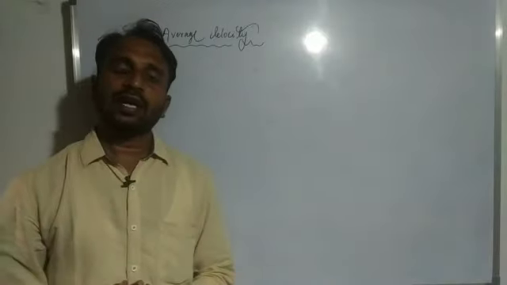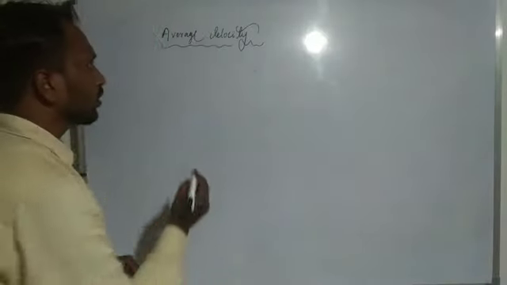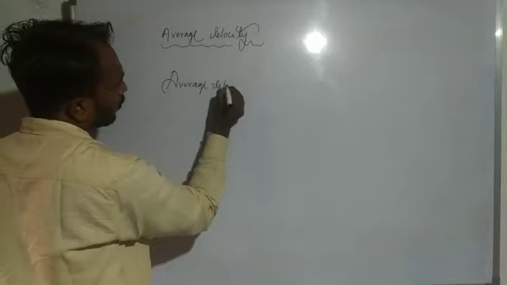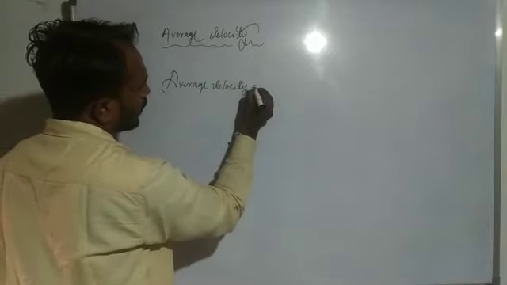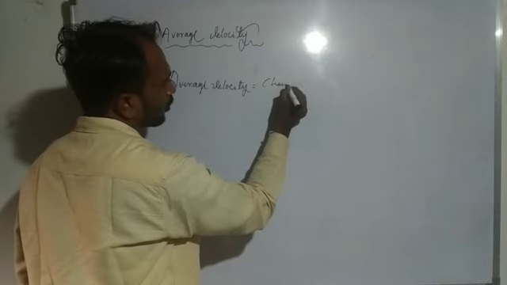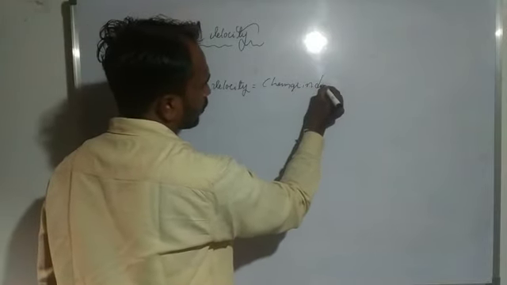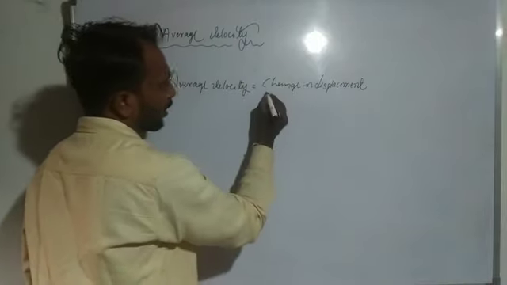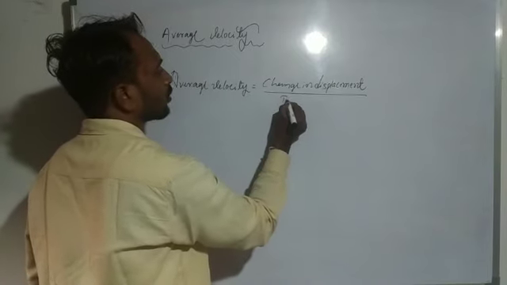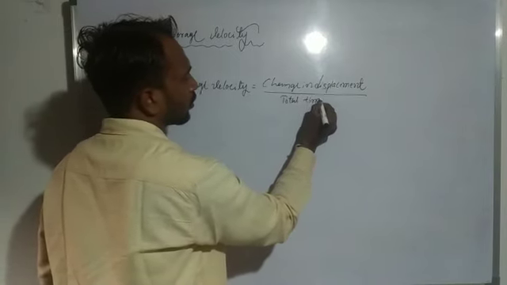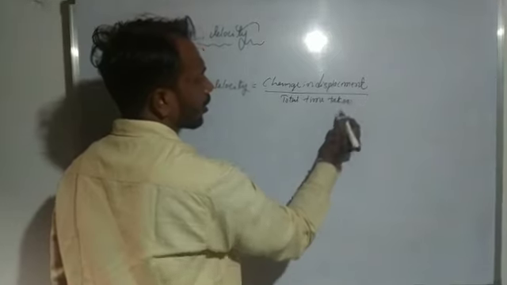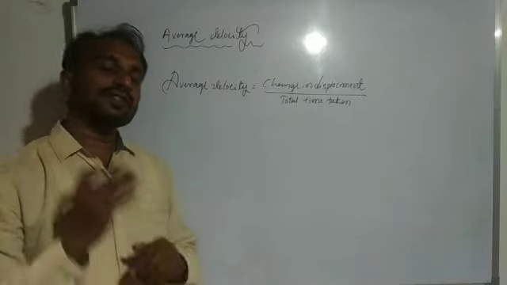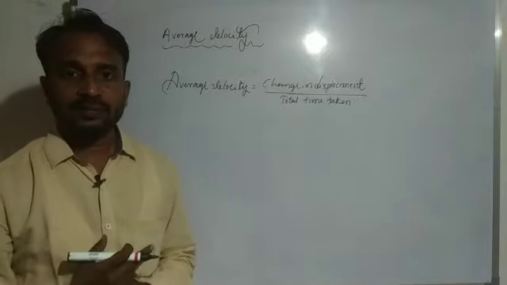So the average velocity is equal to change in displacement divided by total time taken. This is what we consider average velocity.